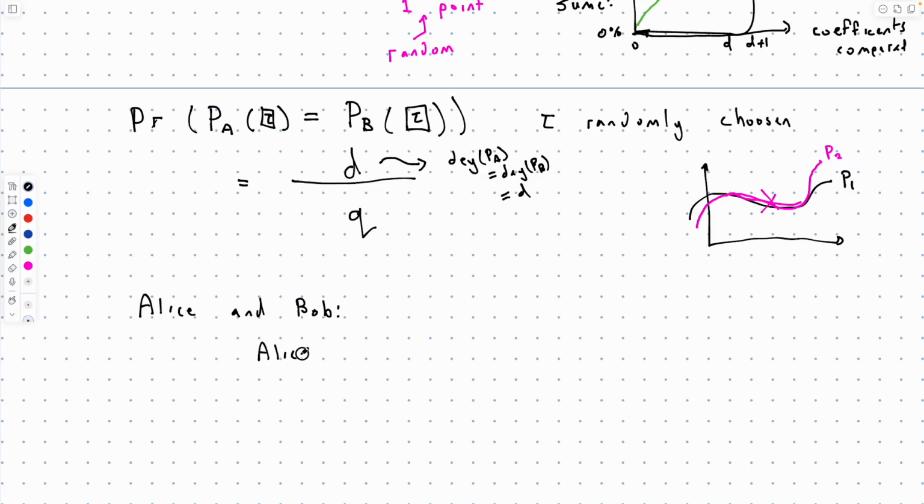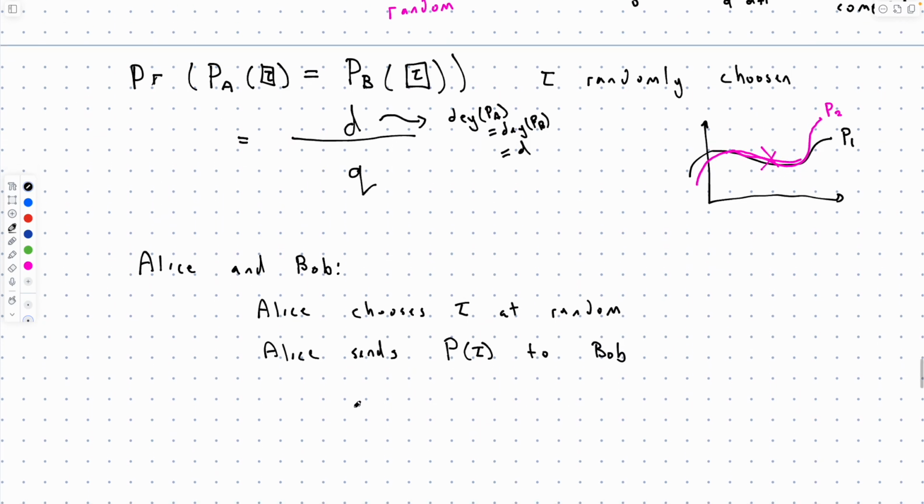Alice chooses tau at random. It doesn't matter the order, but Alice sends just one value, which is P of tau, to Bob.